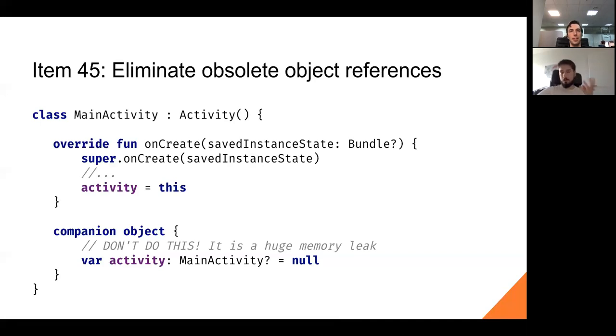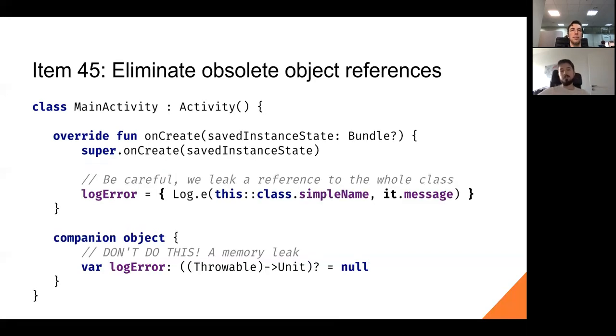This is already known, but even people who know that are doing the same problem in a different way. So here, for instance, is some logger for errors. It is a function that is used to log errors. It can be set to set up one universal way to log errors for a class.